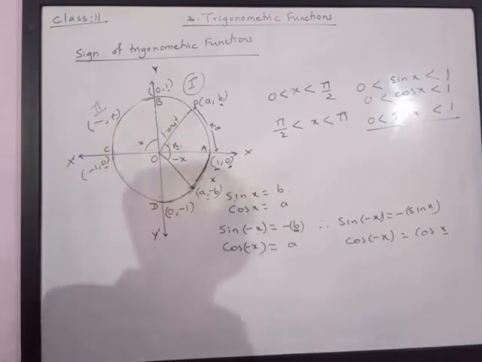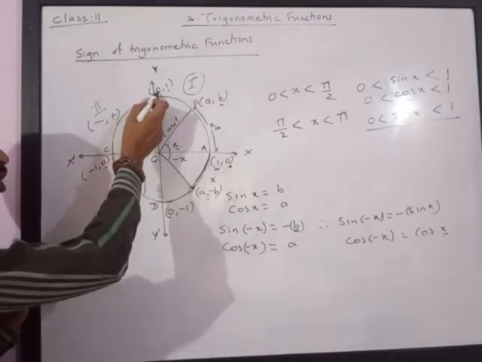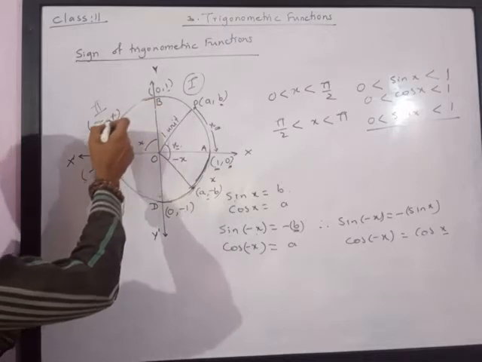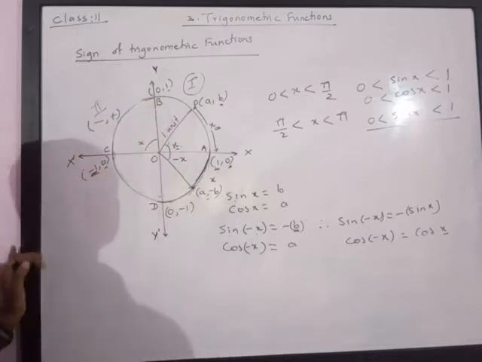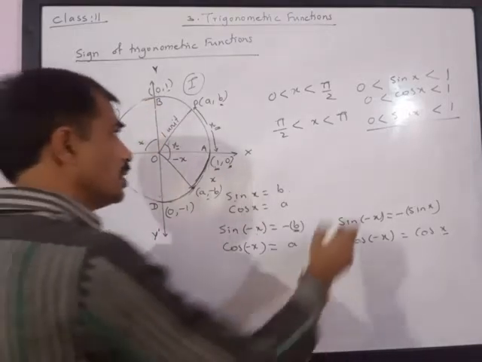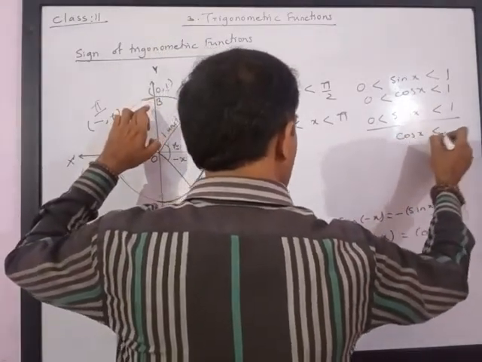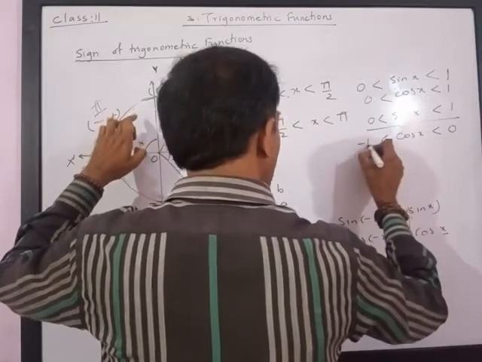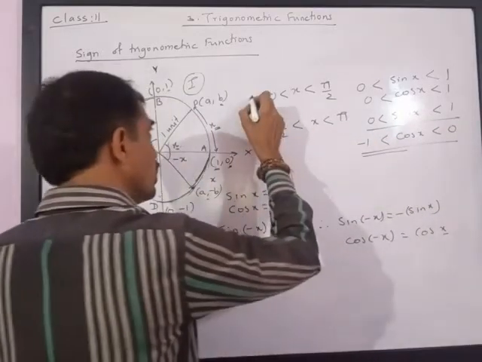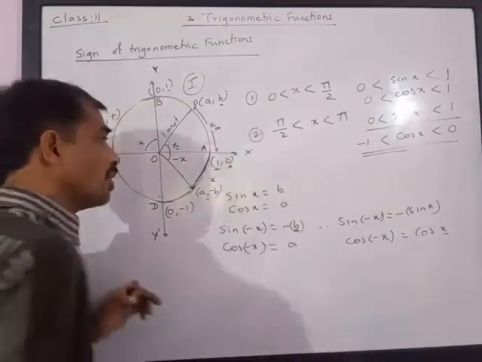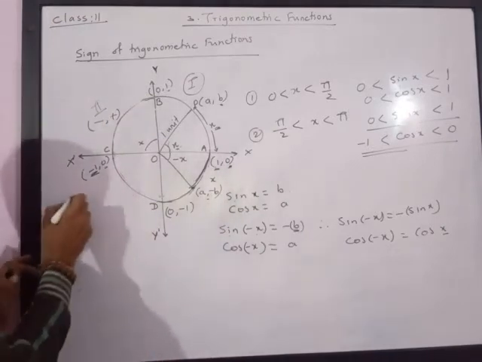And in the second quadrant, see here, 0 is the maximum value and it becomes negative 1, meaning cos x lies below 0. So cos x is less than 0 but greater than negative 1 in the second quadrant. This is the first quadrant, this is the second quadrant. Now let us see what happens in the third quadrant.